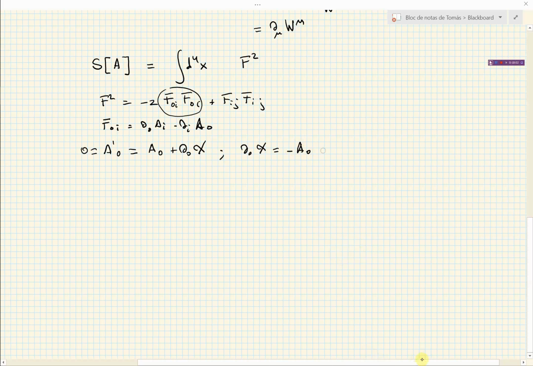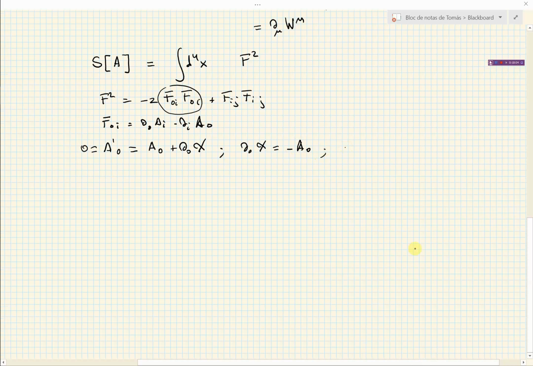I just need to integrate. So chi will be minus the integral of a_0, where I use some other variable y_0 to integrate, between something and x_0, and this gives me chi.